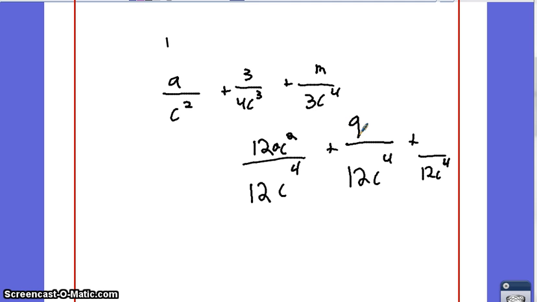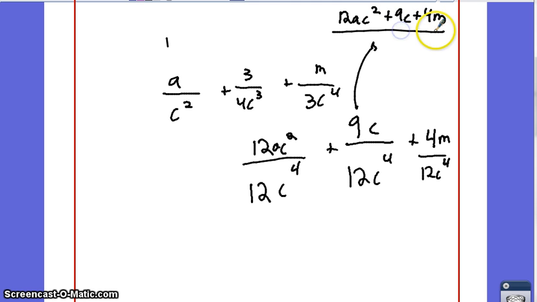It already had the 4 to make the 12, so I just need to multiply that one by 3c. And the third term, I'm sorry, already had a 3, so I'll multiply that one by 4 to get the 4m, because I already had c to the fourth power. Now when I solve it, it looks like this. 12ac squared plus 9c plus 4m over 12c to the fourth power.